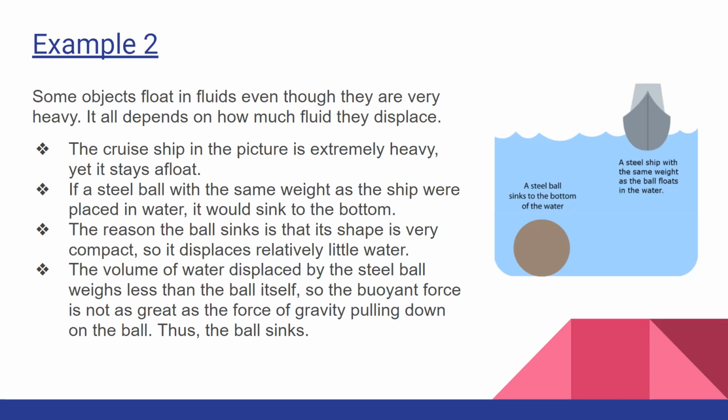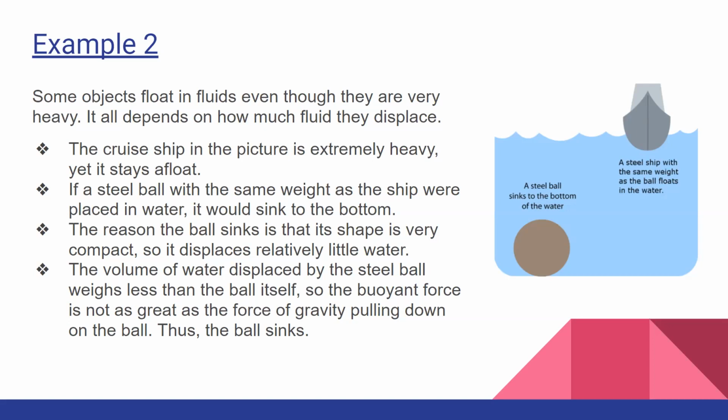But the reason why the ball sinks and the object floats, even though they might have the same amount of mass and the same type of material, is that the sphere is basically almost as compact as possible. So it's extremely tight knit and very dense.